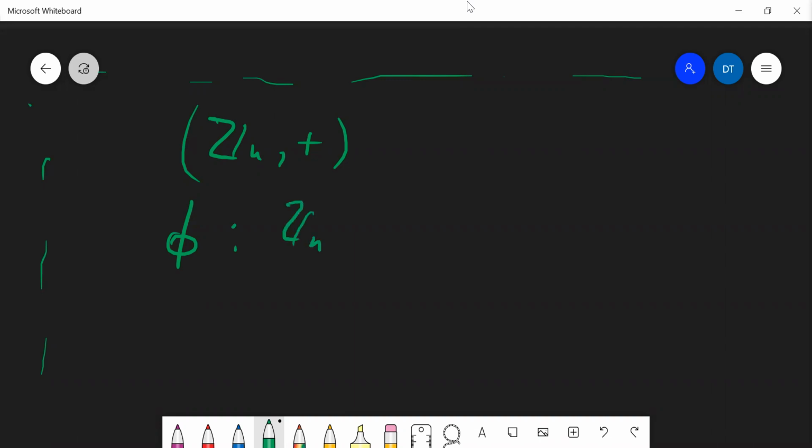So now I want to describe all possible homomorphisms from Zn to an arbitrary group H. It turns out that in this case, we have almost the same description. In order to produce a homomorphism, let me use a different notation. I want to take an element h, small h from capital H, with an additional restriction.